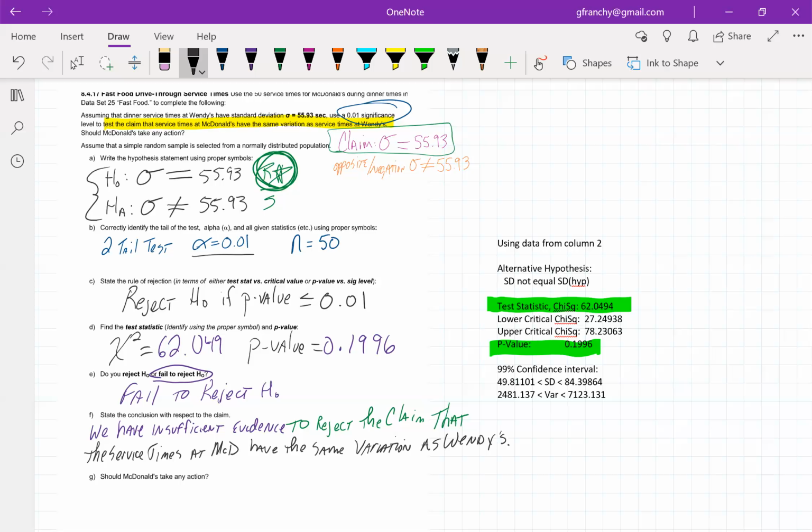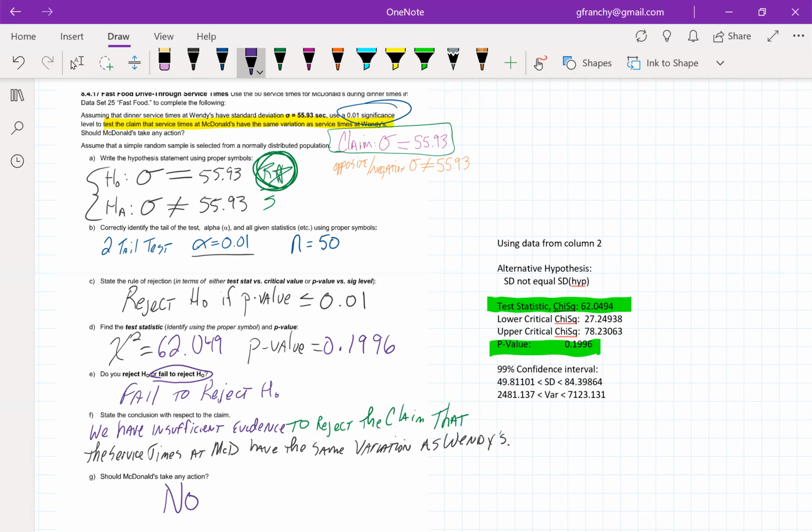If it's the same, yeah, they would probably be happy. If it was greater than, then they would probably look into, can we do something to offer more consistent service? But since the results appear to be comparable to their competition, I can't think of any reason why they would need to take any action here.